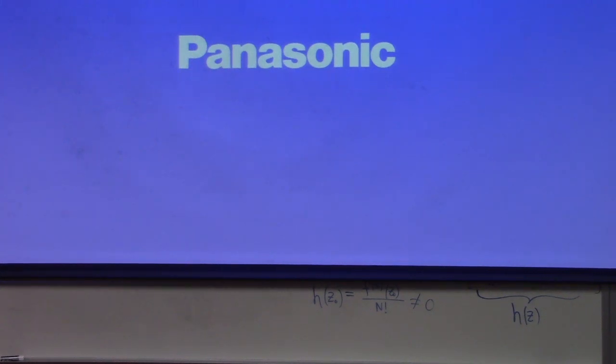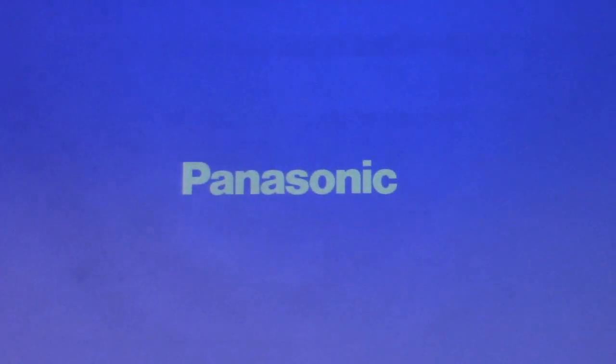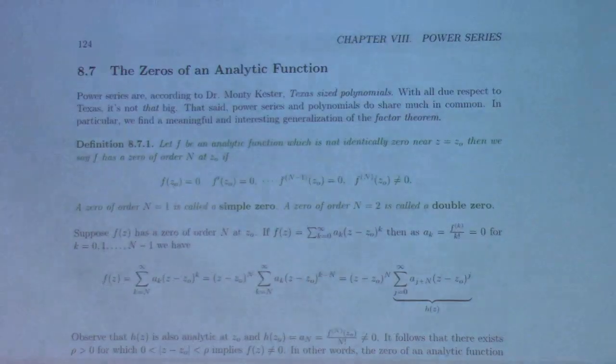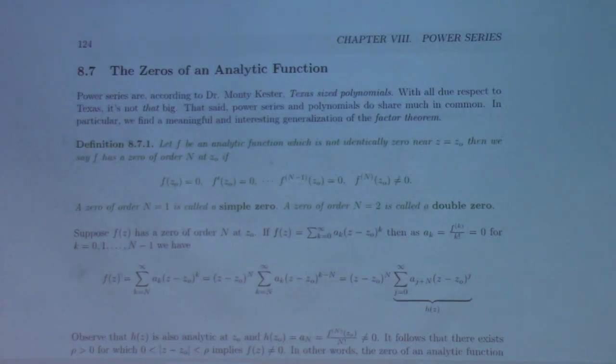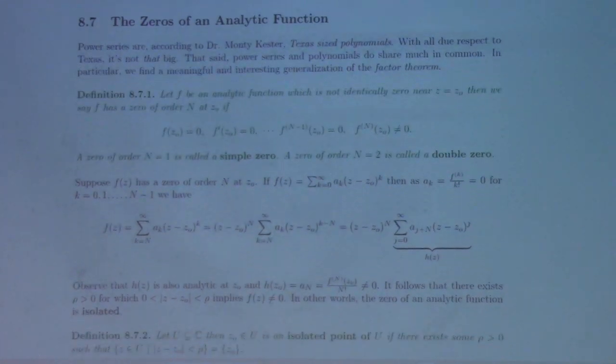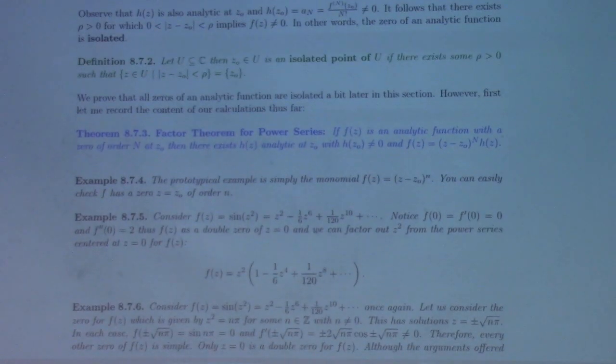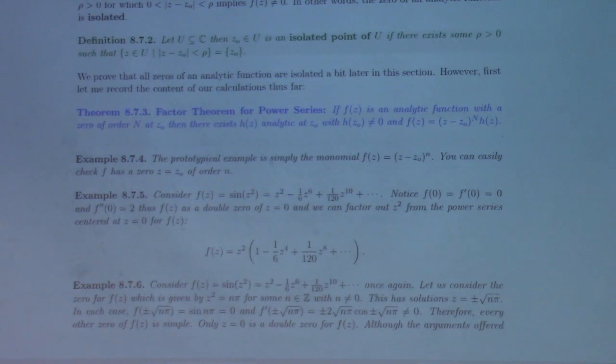So the cool thing is, if we look at a power series, we can pretty much see from it if the place the series is centered is a 0 or not. So that's the calculation I was just doing, okay? So we've essentially proved the factor theorem for power series.